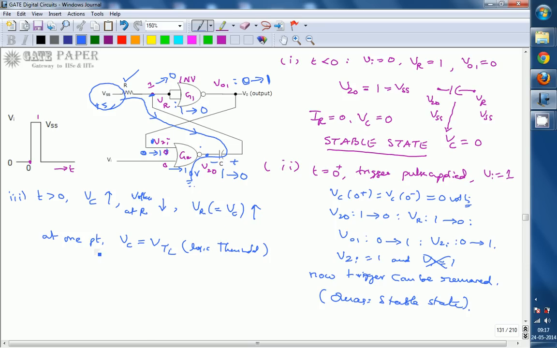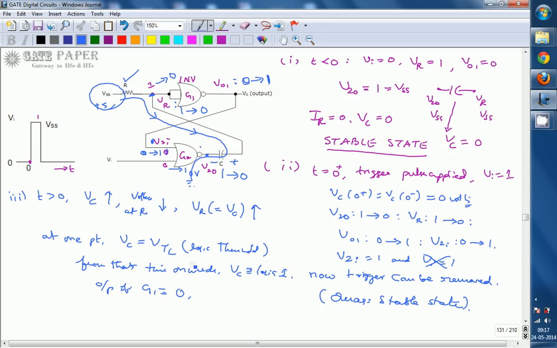So whenever the capacitor voltage reaches the logic threshold voltage, from that time onwards VC is assumed as logic 1 now. Logic 1 for the G1 gate means the output will be 0. So VC is logic 1, that implies the output of gate 1 will be 0.